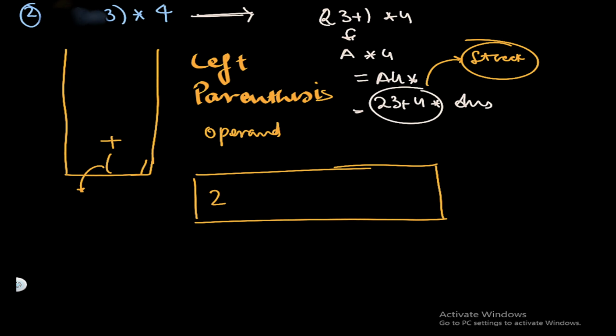Okay, now I have 3. So 3 is an operand, and operand means print. So here my 3 comes. Now you can see I have this operator which is my right parenthesis.